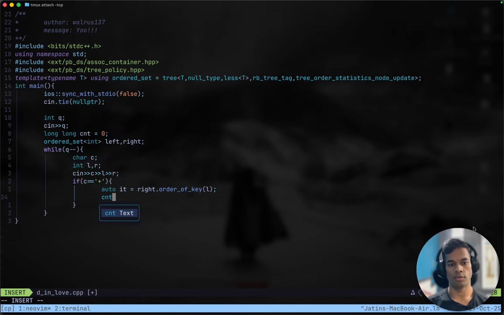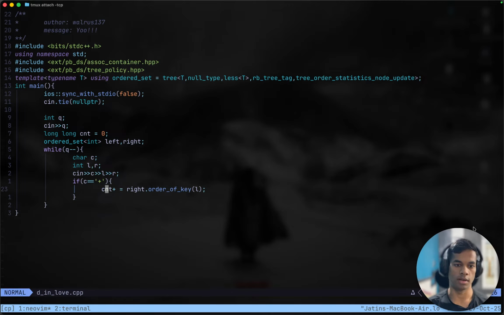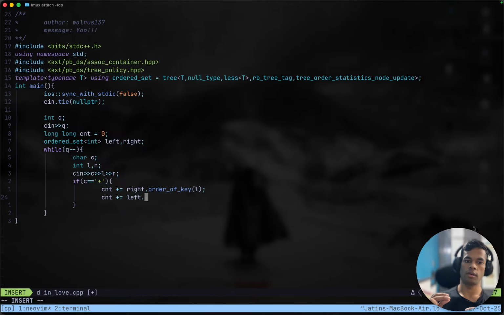Then we'll do cnt plus equals this, and it will return that amount. If all the numbers on the left are greater than this, then 0. And cnt plus equals left. How many numbers are greater?